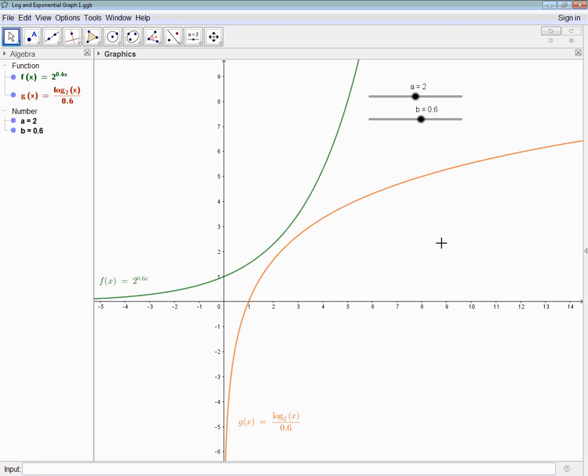Okay, so what I've done is I've graphed two functions. So let's work with this function, 2 to the 0.6x.